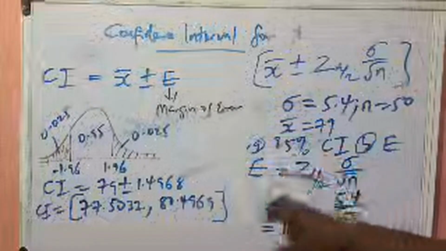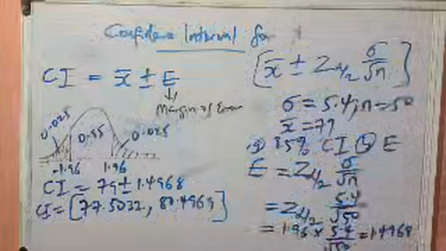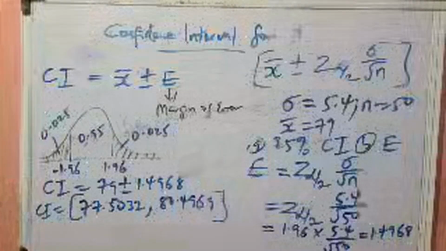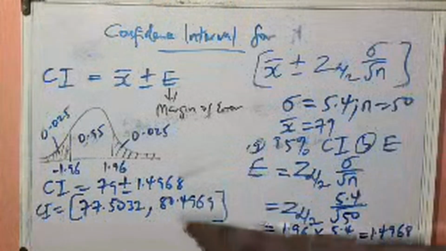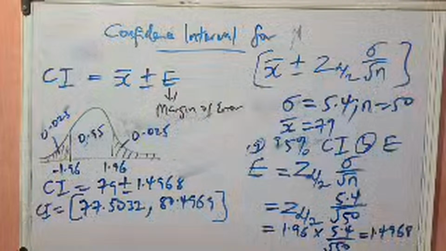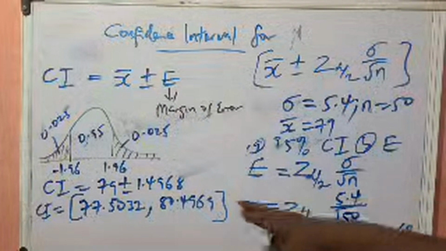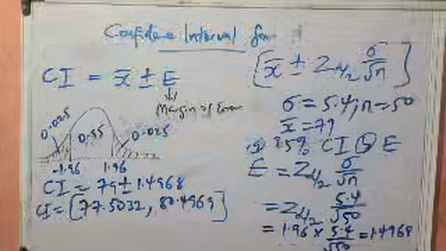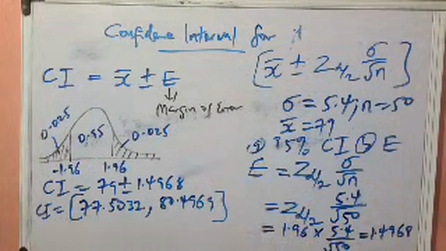Now, 95% here means if we take 100 different samples, 95 of those 100 samples will have their population mean in between this interval we just wrote here. Let me say that one more time. If we had 100 samples, 95 of them will have their population mean between these values. Of course, the remaining 5 of them may not have their population mean in between these values. So that's the interpretation of that.